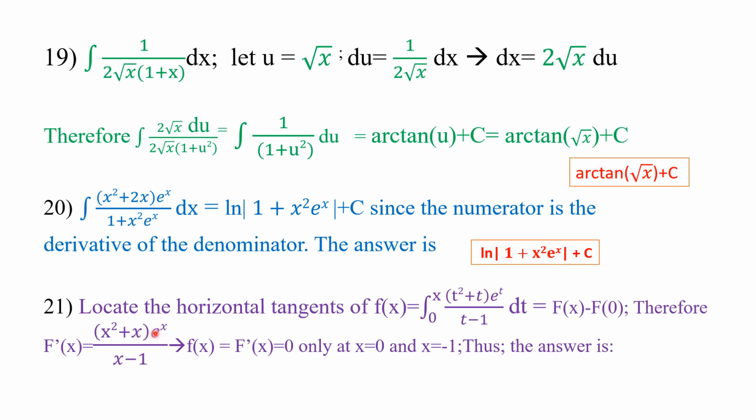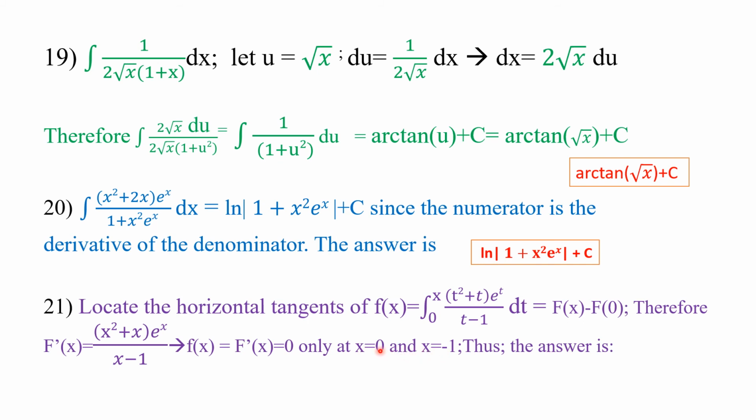And this implies that lowercase f of x, equal to the derivative of uppercase F of x, equals 0 only at x equal to 0 and x equal to negative 1. Why? Because the zeros for this function occur only when x equal to 0 and x equal to negative 1. And that's why we identify x equal to 0 and x equal to negative 1 as two critical points.